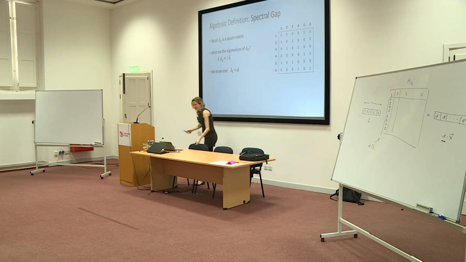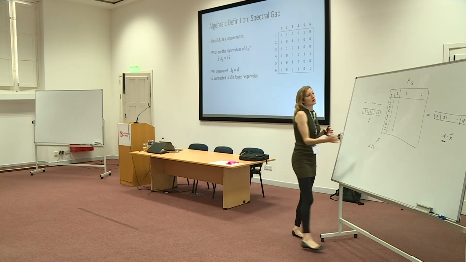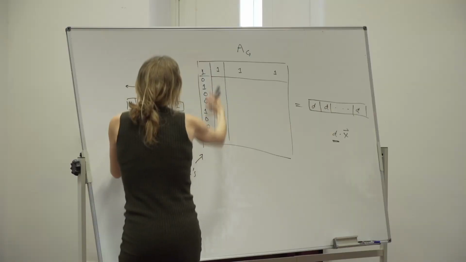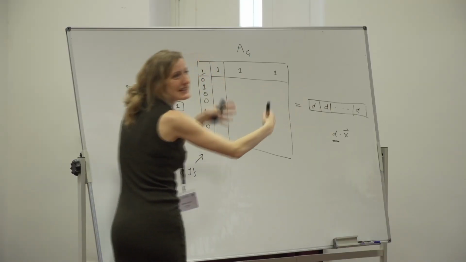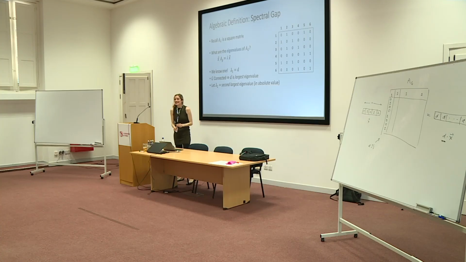And it turns out that as long as your graph is connected, d will also be the biggest eigenvalue. This kind of makes sense: I'm not really going to be able to blow anything up more than a factor of d. This is not a proof, but maybe a little intuition. So the top eigenvalue is d.